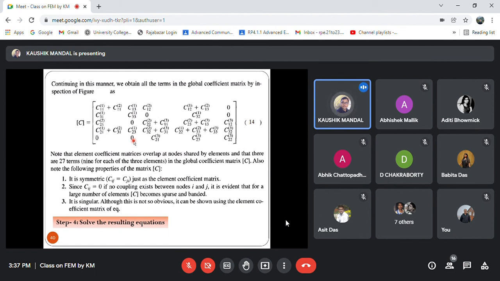As we have considered the triangular shape element, the potential of the element, that is V of e, will be equal to a plus bx plus cy. Once we approximate the potential of a single element, then we have to find out the governing equation for the corresponding element.